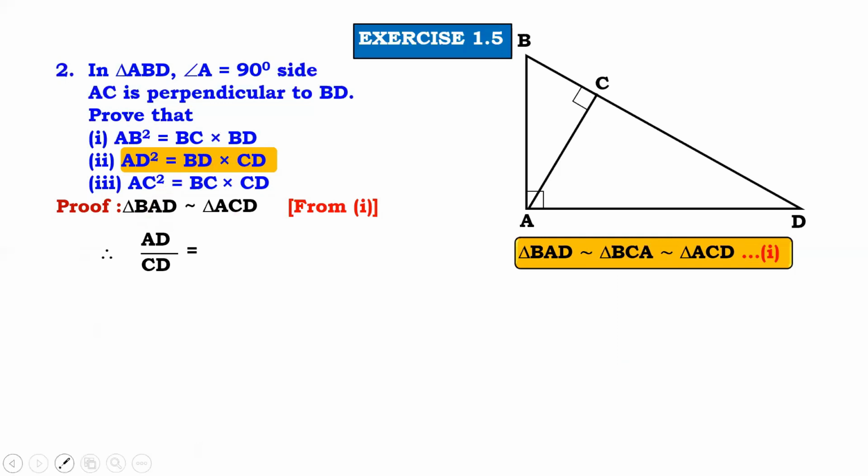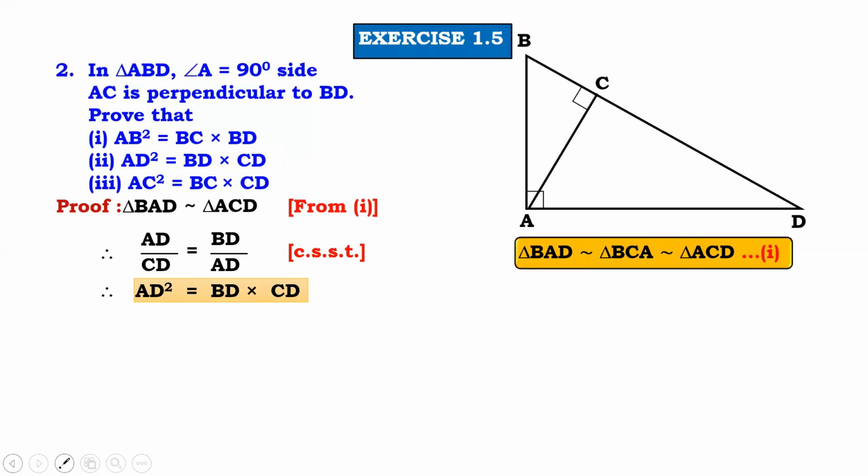BD. So if we consider BD, then the corresponding side would be AD. So BD upon AD. Reason CSST, corresponding sides of similar triangles. Cross multiply. So AD into AD will become AD square is equal to BD into CD. And this is what we required for the second question. So we have proved the second part as well.